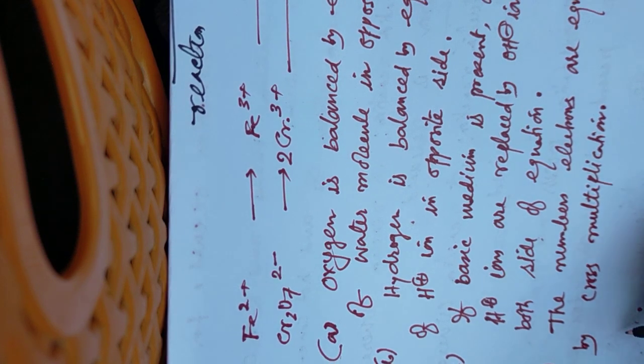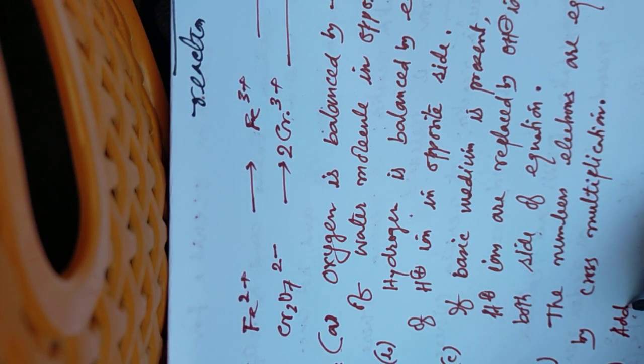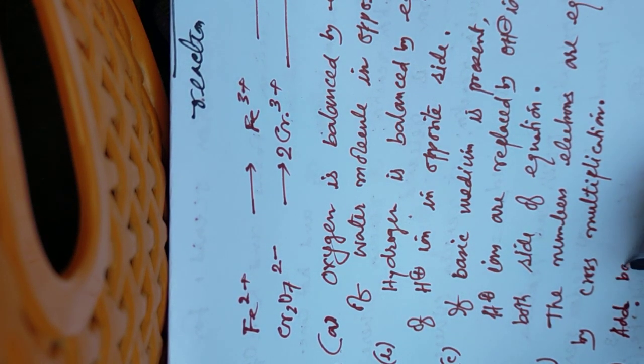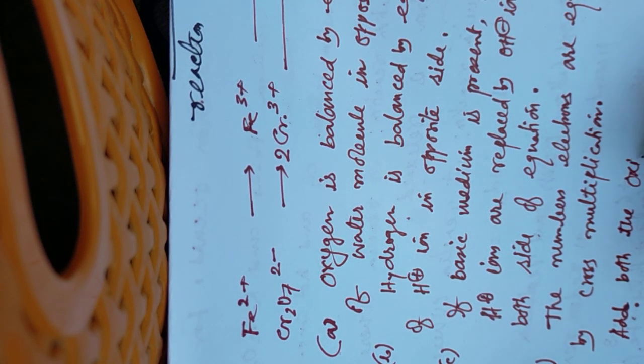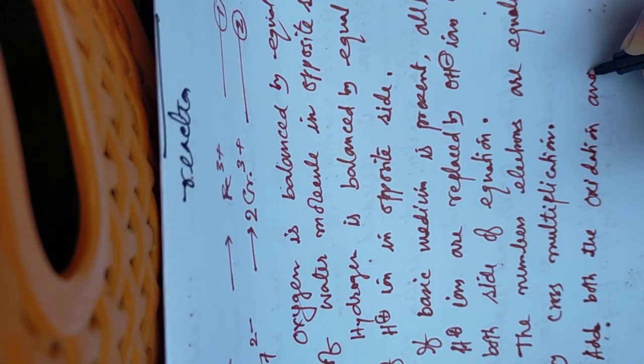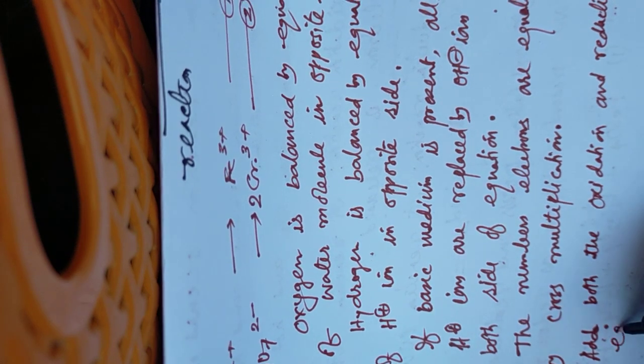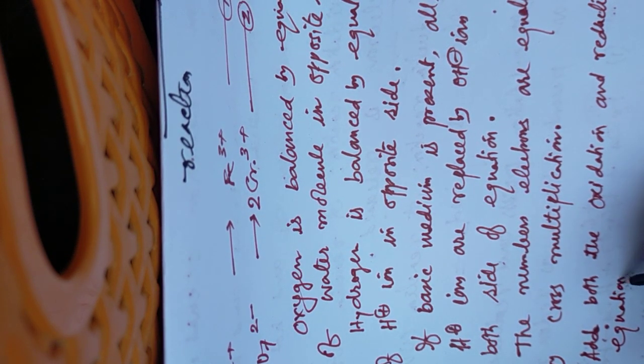Rule E: add both the oxidation and reduction equations, and finally we get the balanced chemical equation.